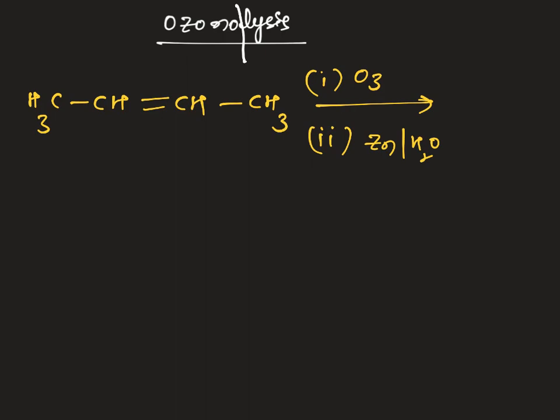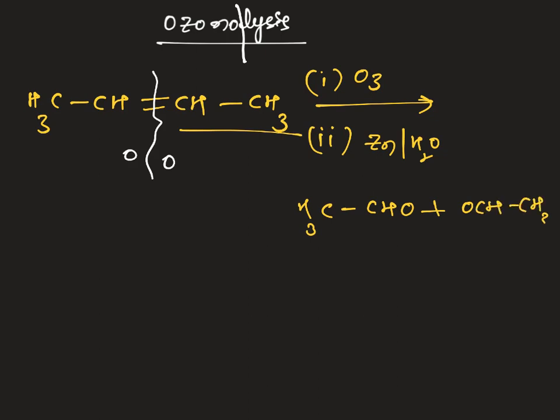In presence of ozone, alkene cleavage will take place, and it is converted into carbonyl compounds. What product will you get? CH3CH, and the double bond is completely cleaved and attached to oxygen, plus the other side OCH CH3. 2 moles of acetaldehyde are formed, and the byproduct, if we are using zinc, will be zinc oxide.